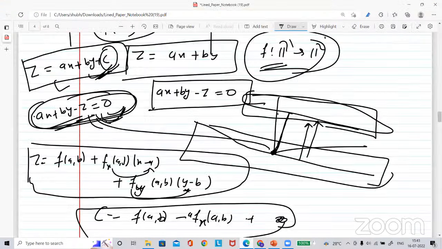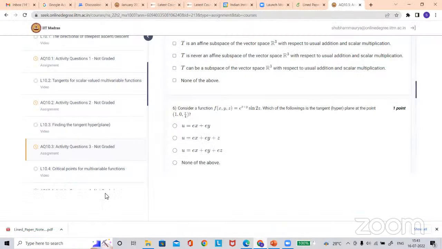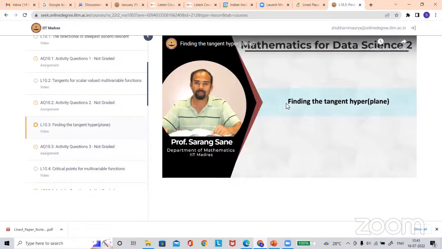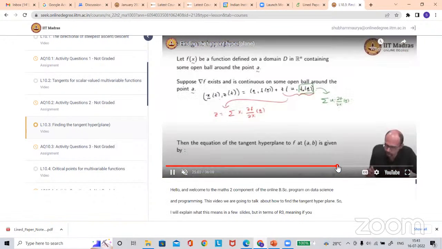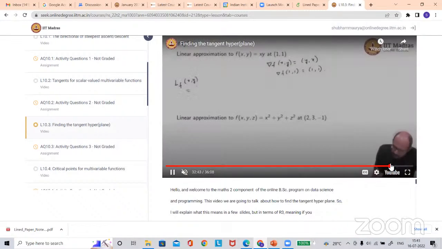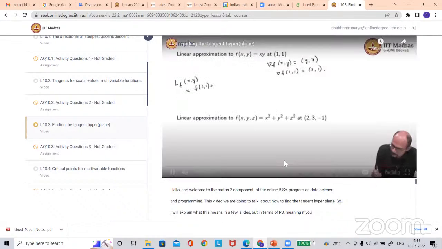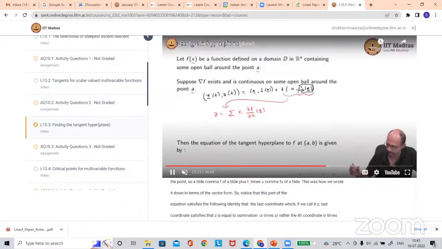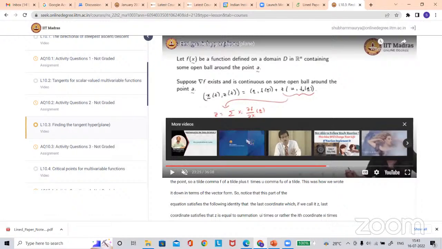Linear approximation is just a formula. Sir, can you explain a bit theoretically also? Okay, formula. This is the typical point. Sir, is it related to tangent or what? Actually, what is happening here?